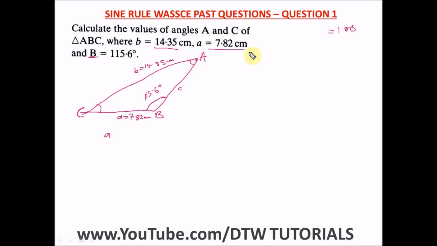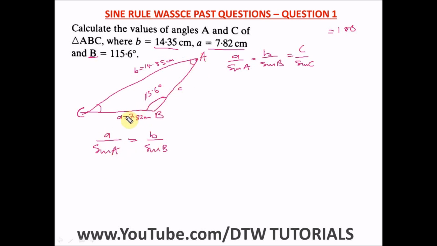So let's use this. Remember your sine rule, you just write it somewhere. b over sine B equal to c over sine C. So we're going to use a over sine A equal to, since we have the angle B, we're going to use b over sine B. So let's put in the values.